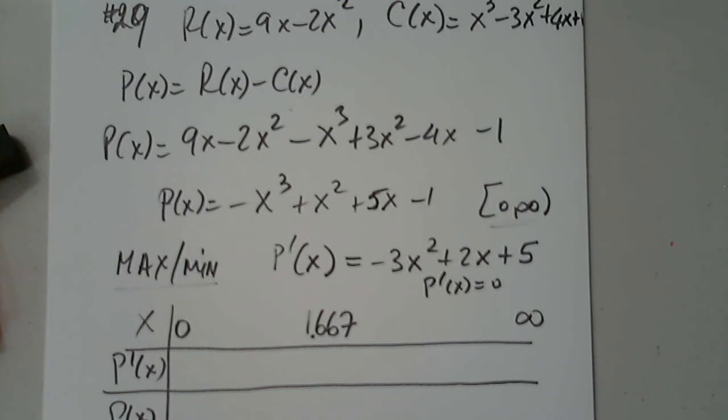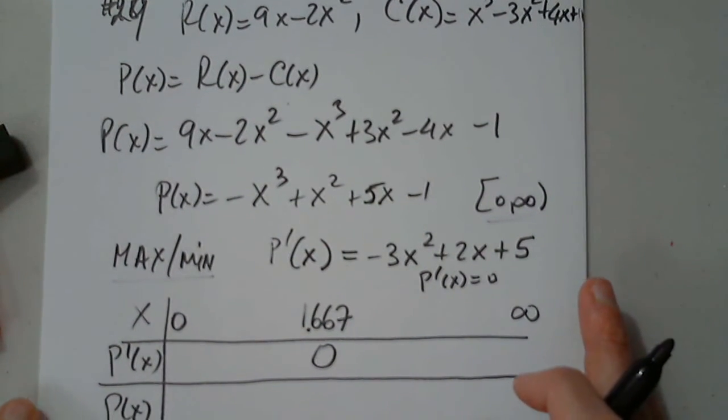So 1.667 thousand. Okay. So now, because they are specifically telling us, again, that for 29, that's what we chose, x is in thousands of units. So 1.667 will be thousands. Okay, perfect. So coming back, I will put my 0 as always.